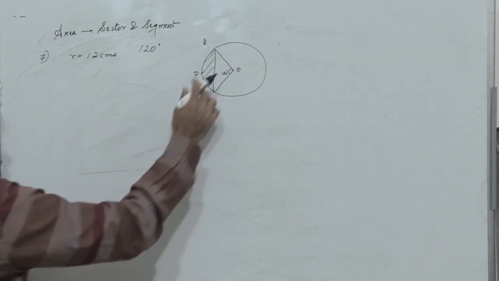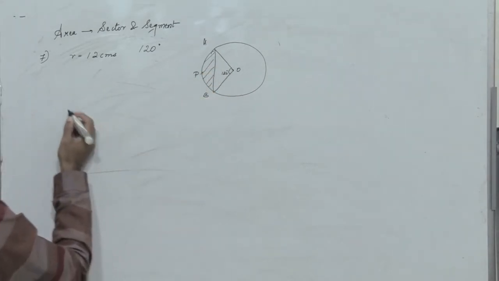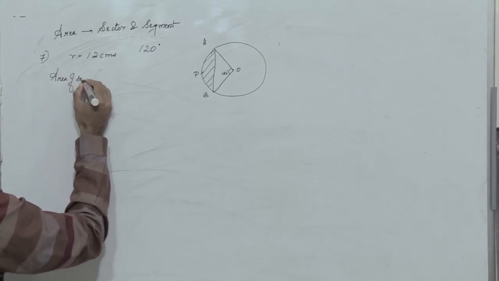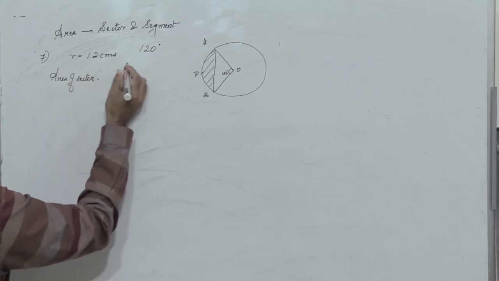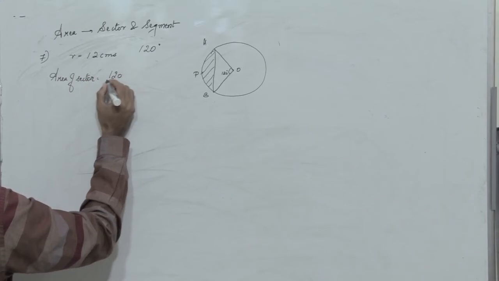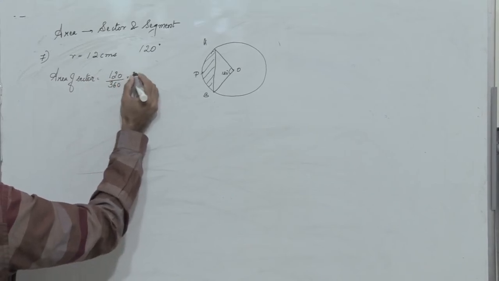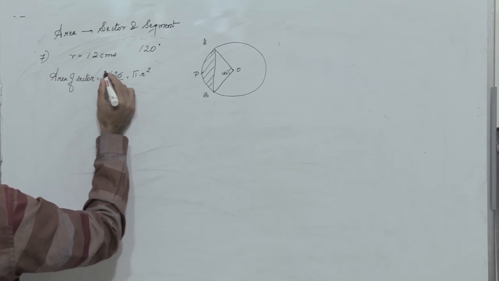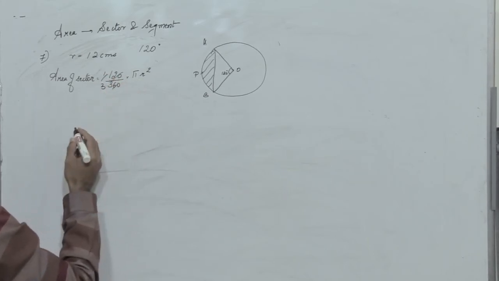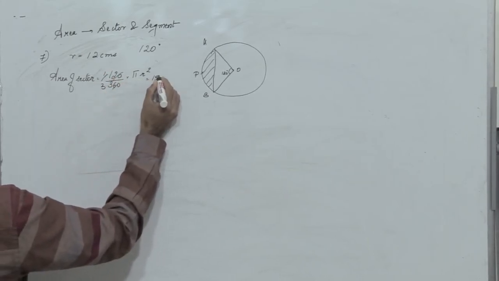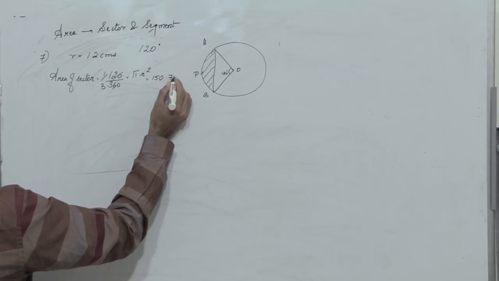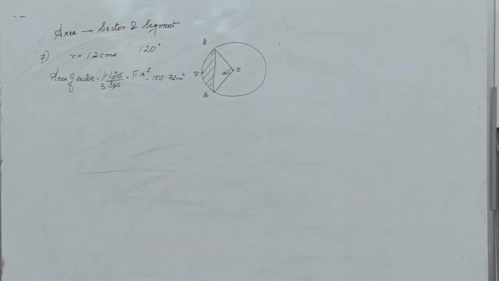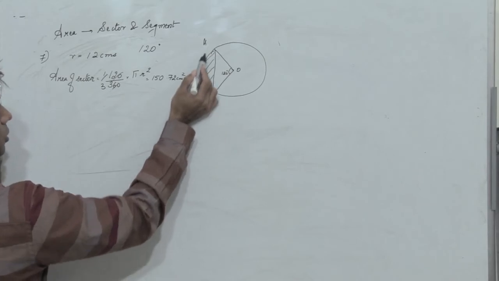Now we know that the area of the minor sector is the angle theta, which is 120 divided by 360 into pi r squared. So this is 1 by 3, r is 12, so we get a value of 150.72 centimeters square. So this is the entire area of the sector.